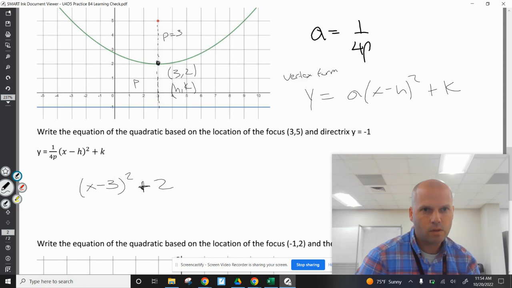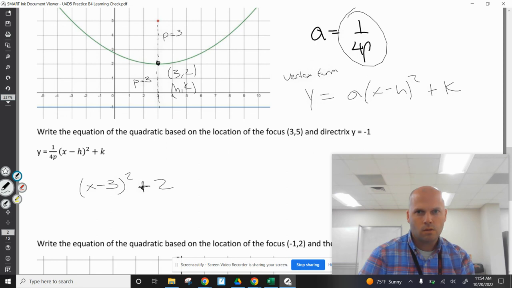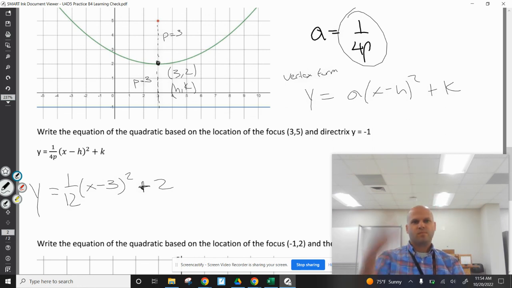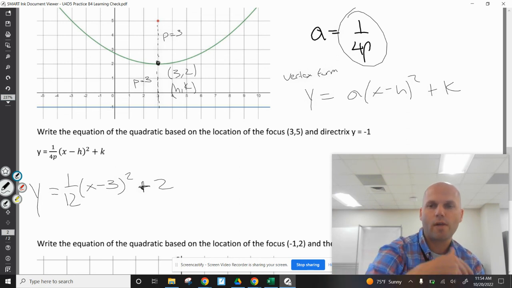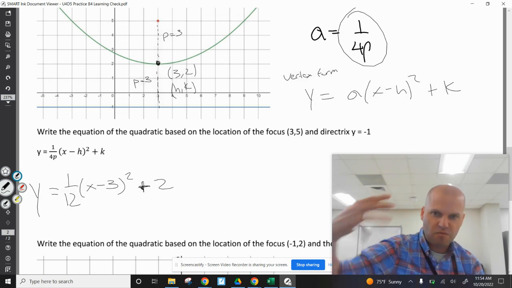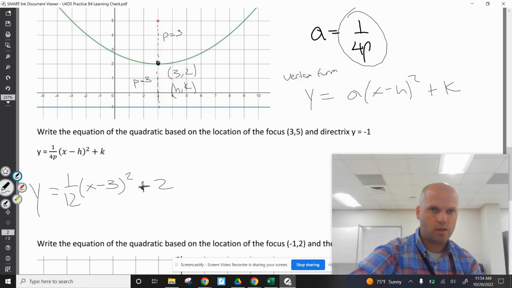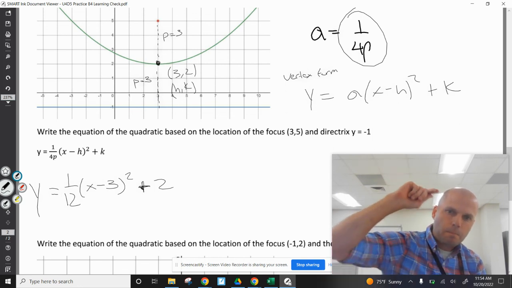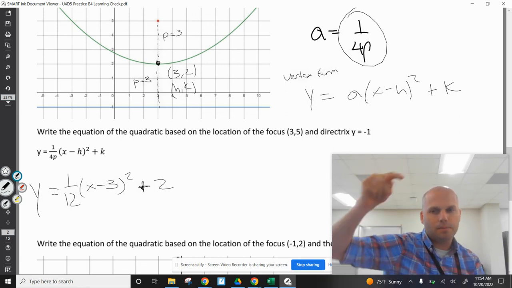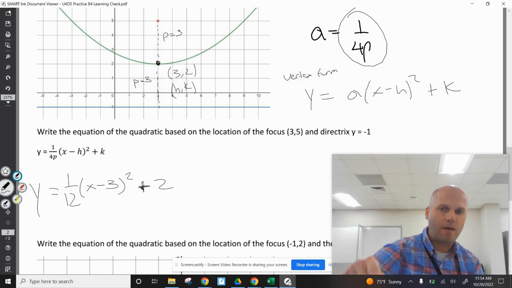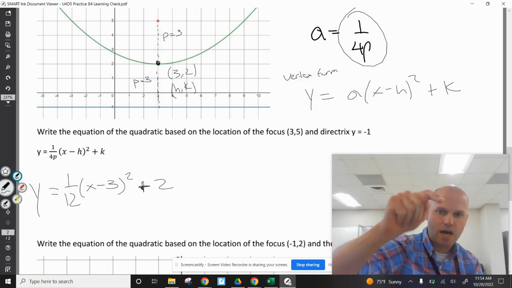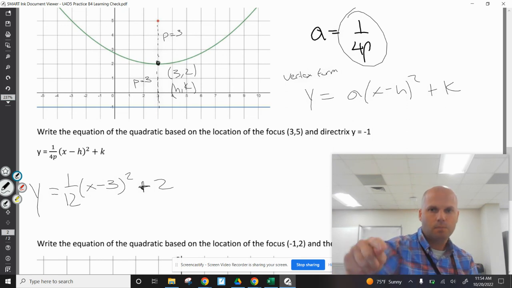What's 4 times 3? It's 12. Boom. I have the equation, 1/12. Guys, it's so easy if you have the focus and directrix to write the equation. You don't have to solve for a like we've been doing on all the other creating-the-equations problems. So pause this, do the next problem, and then turn this in with confidence. Take your quiz with confidence. Do the review.